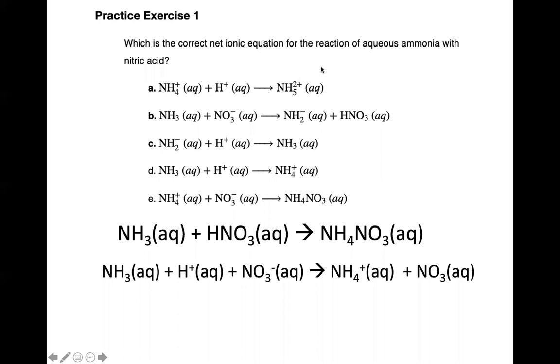Let me send you a polling question on this one then. I think I've got you pretty close to the finish line on this. Which of these then corresponds to the correct net ionic equation?